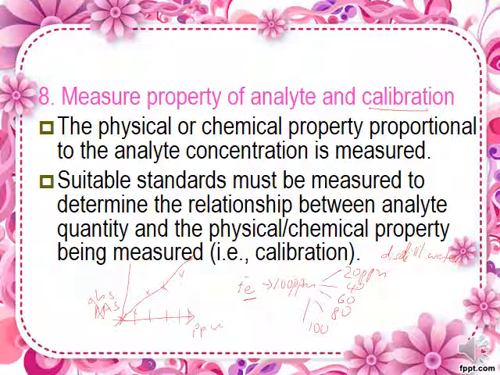Okay, then you run your sample using the same instrument. So the instrument will give you the absorbance of the sample. So based on the sample obtained, like say the value is here, okay, then you use the calibration curve to find the concentration, okay, the concentration of iron in the sample.